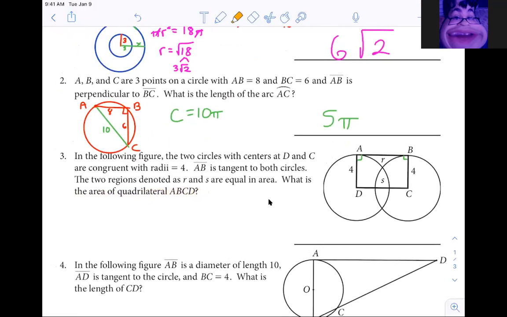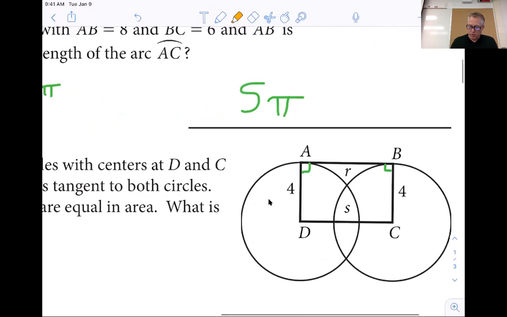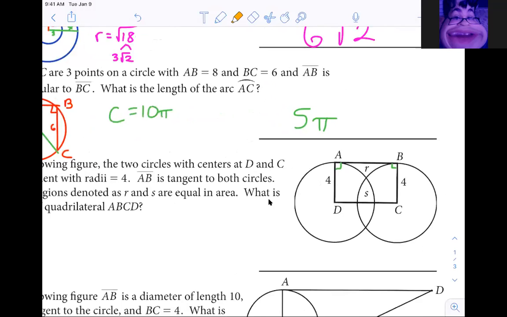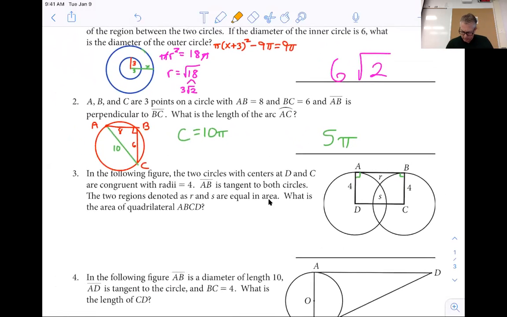I took it that since that arc is 1 pi, it was equal to half of AB, so I just multiplied that by 2. It made sense to me. Okay, well, I think what you're missing is that it's not necessarily going to be half of that side. All right, other ideas. Thank you, Andrew.